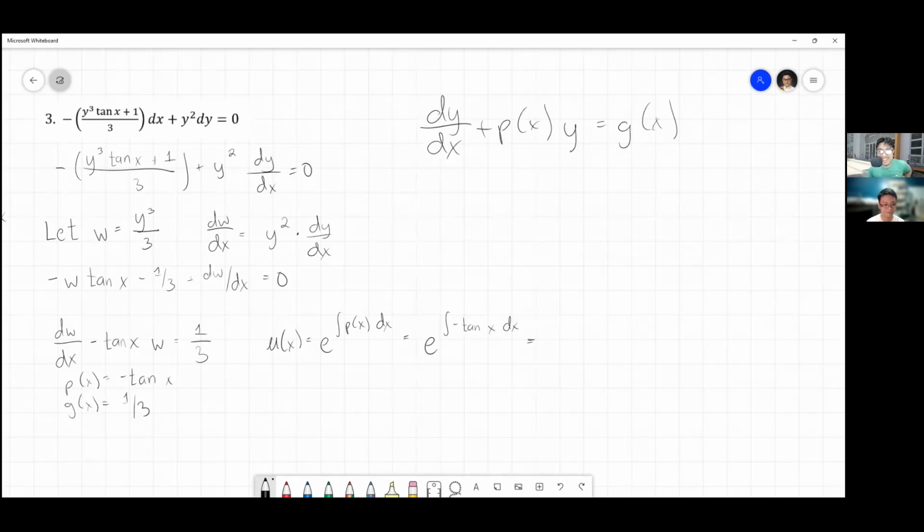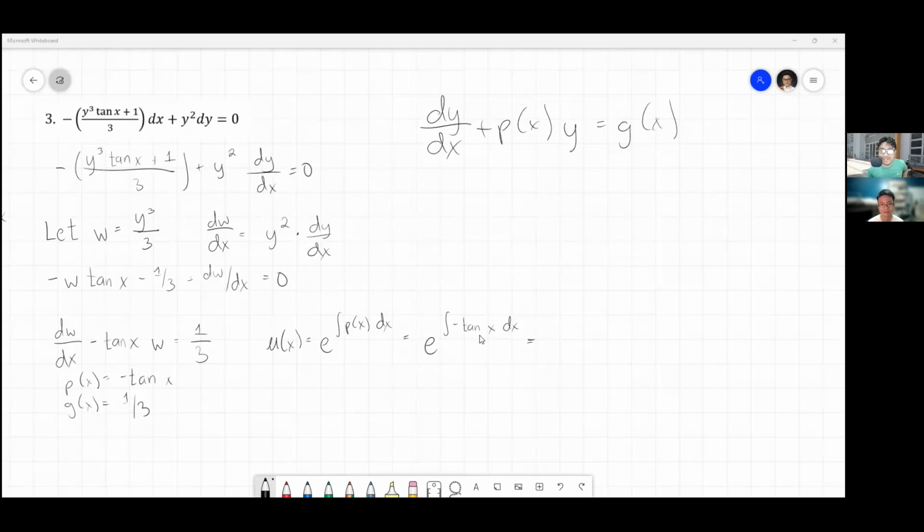Hala, lagot, di na alam yung integral ni tangent x. Ayan. Okay. So, tama yun. If I'm not mistaken, ln absolute value of cosine. Hindi. Integral ni tangent x is ln of secant.